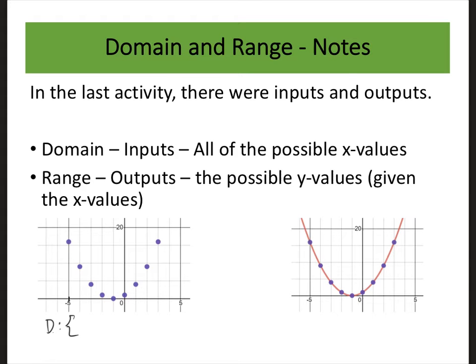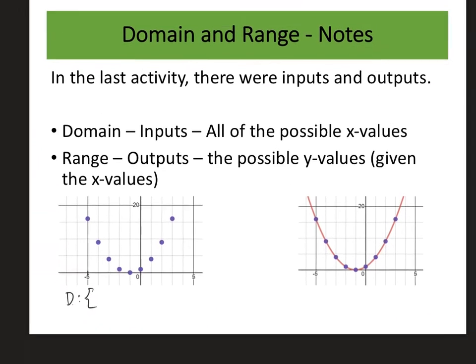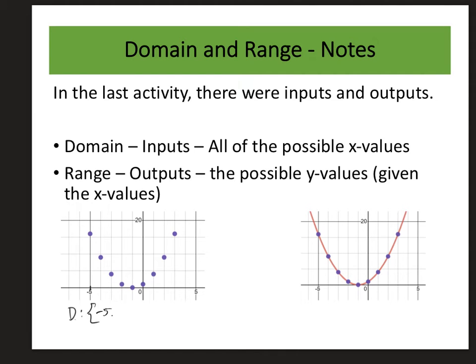So it looks like there's something at -5, there's something at -4, -3, -2, -1, 0, 1, 2, and 3. So this is the domain.